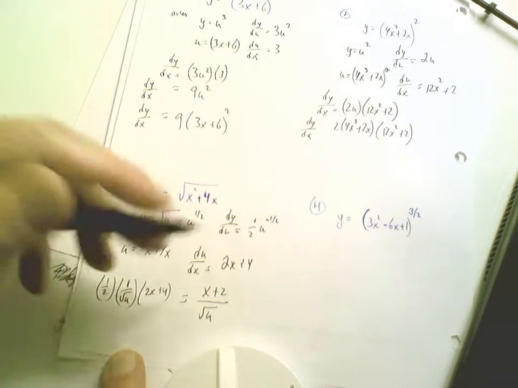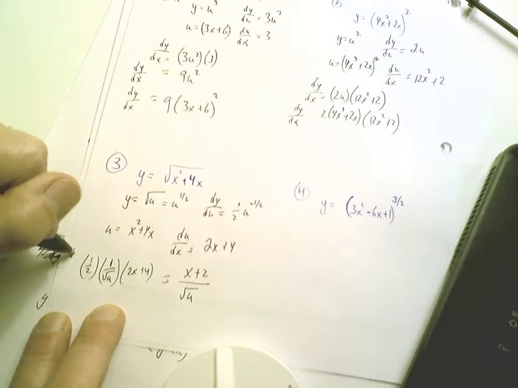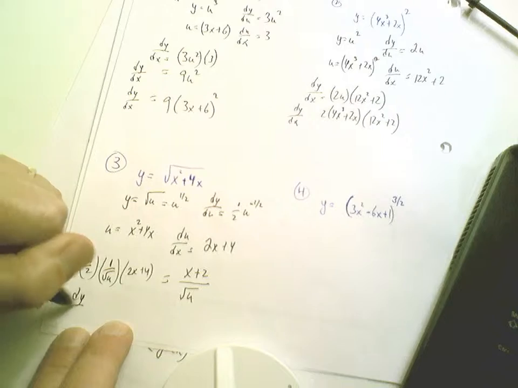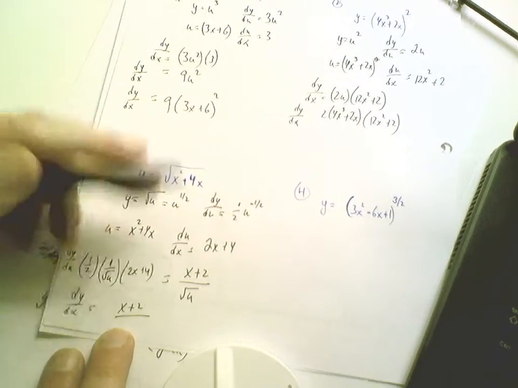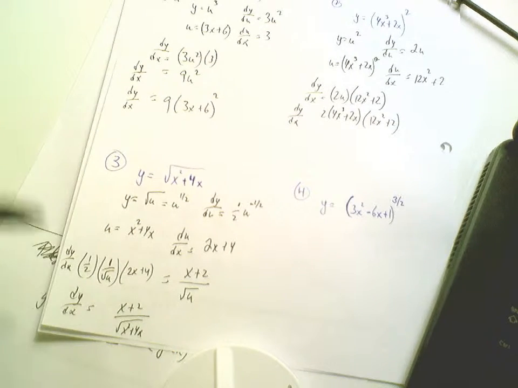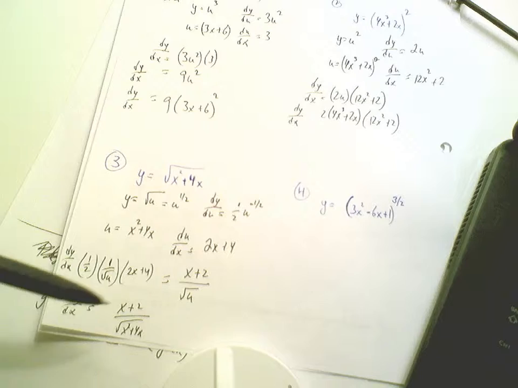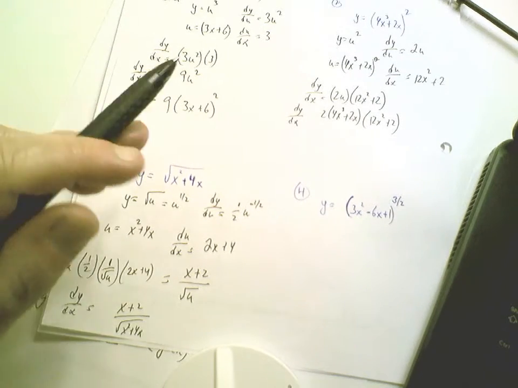And what's my last piece? Dy dx equals x plus 2 over the square root of x squared plus 4x. Agreed, that's an ugly as all get out derivative. It is a legitimate derivative nonetheless. Last one to do.